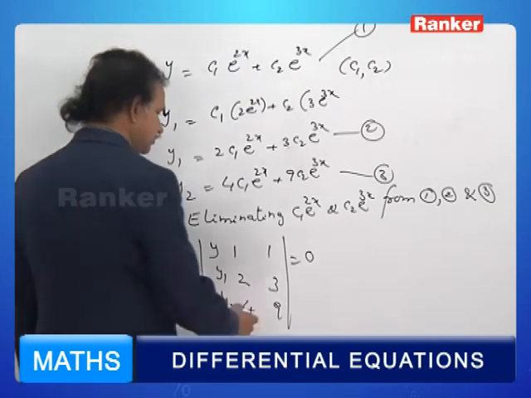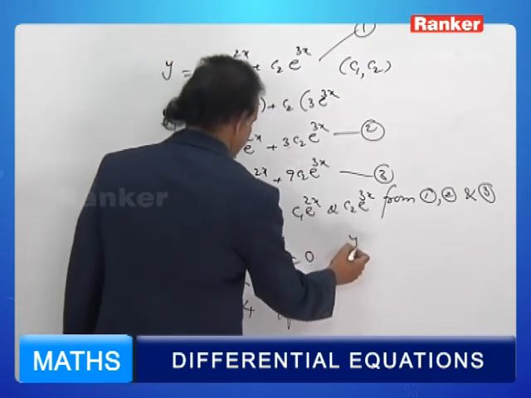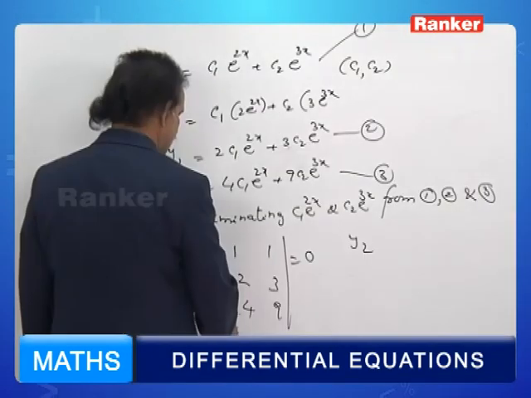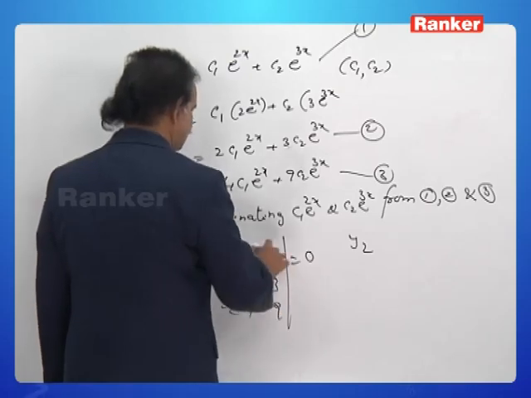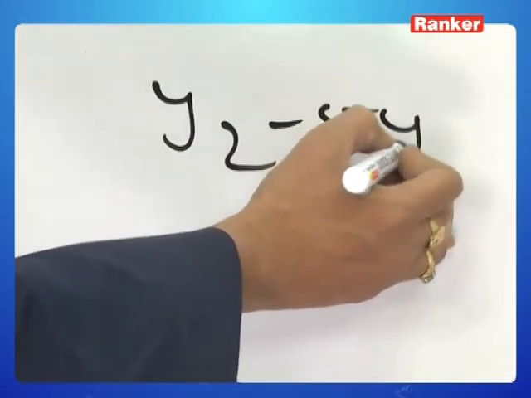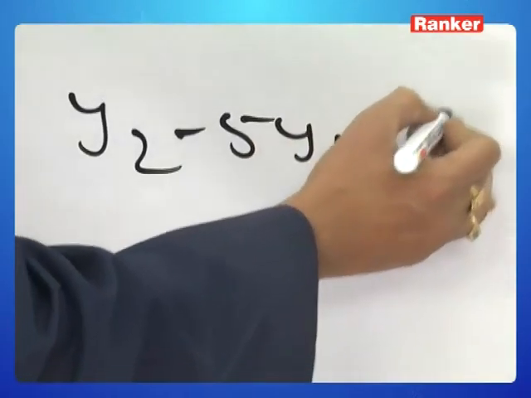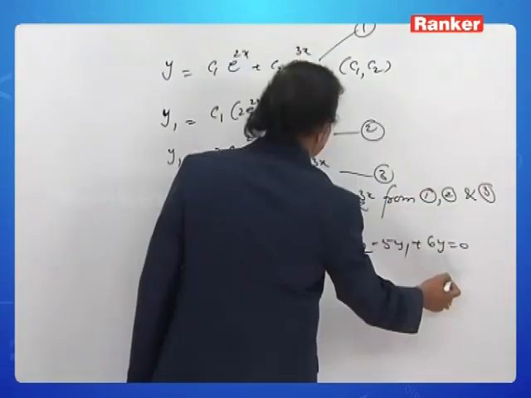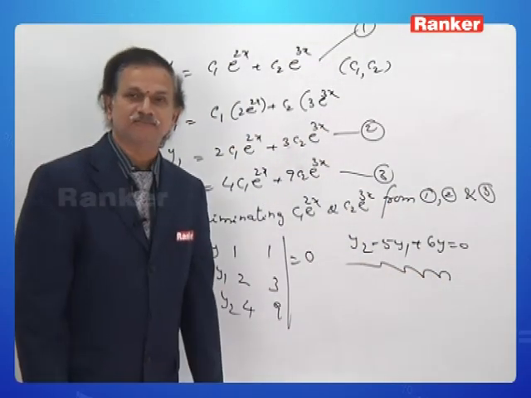Okay, you obtain the determinant. 3 minus 2 is 1. y2 minus y1 into 9 minus 4 is 5, minus 5y1, plus y into 18 minus 12 is 6, plus 6y is equal to 0. You look at how simple it is.